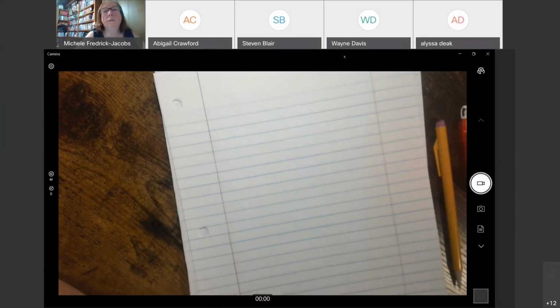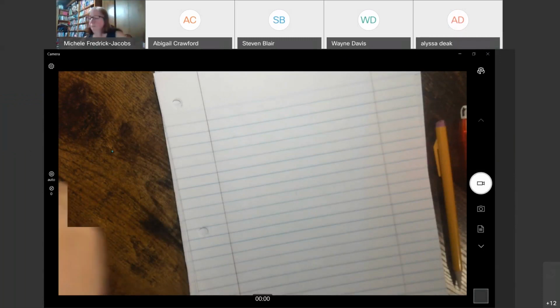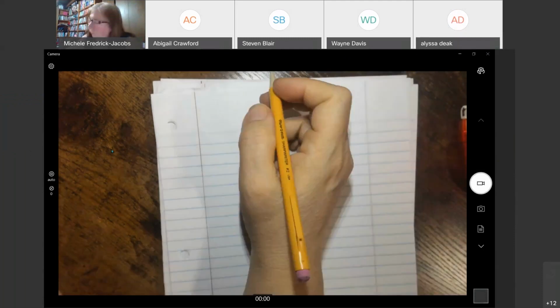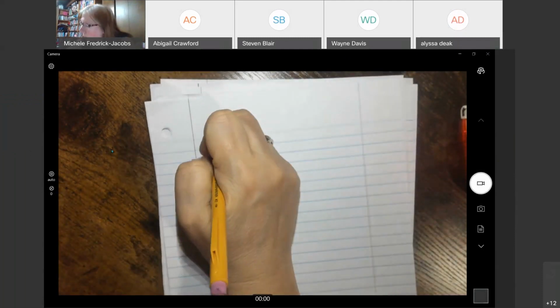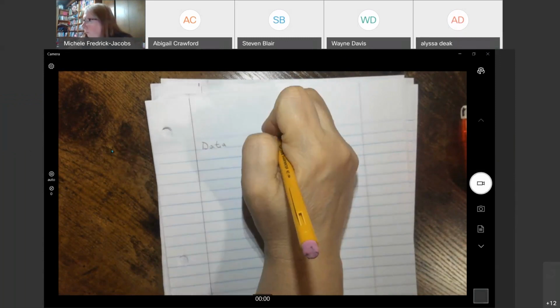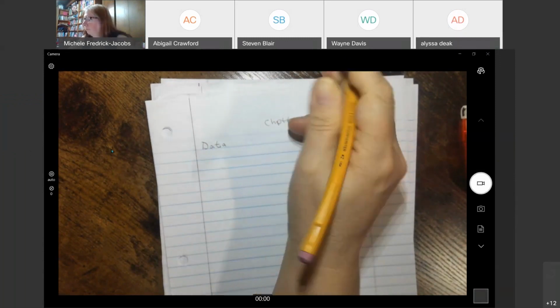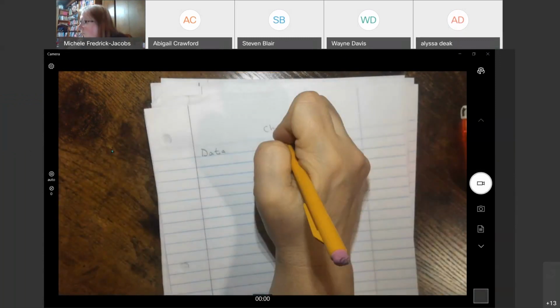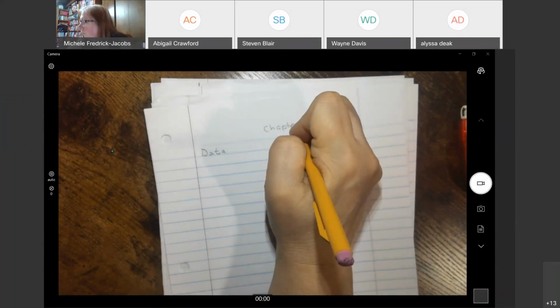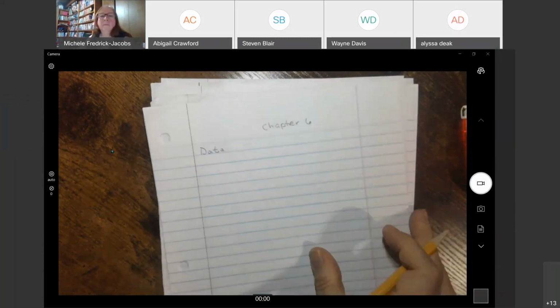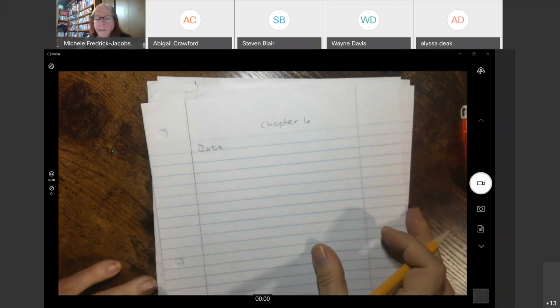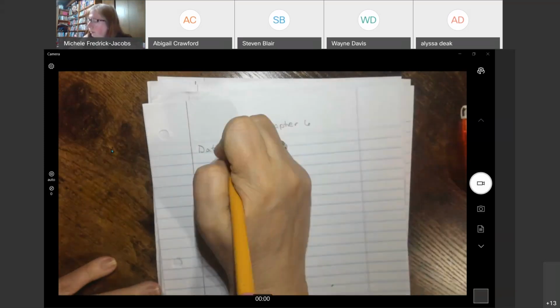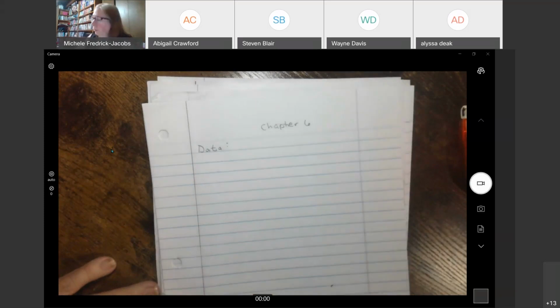So the first part for the class is some definitions. The first one is data. That is the information being asked or measured.